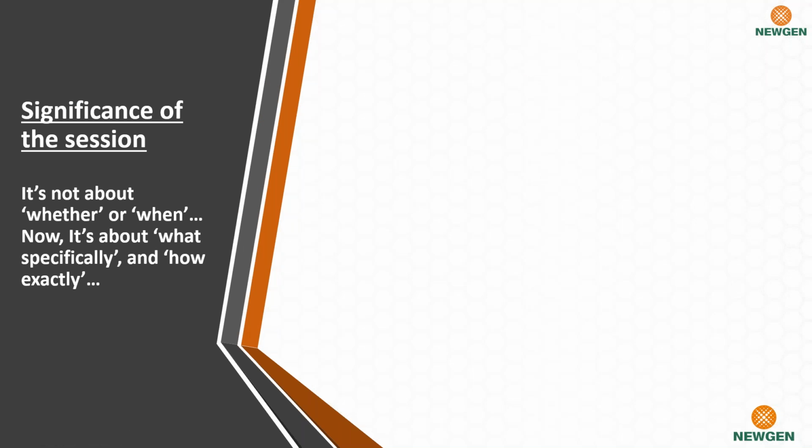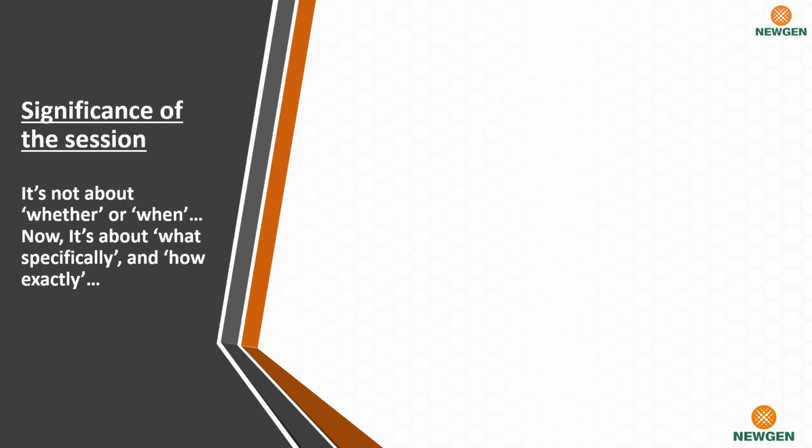Now, why did we want to keep this webinar and why is it important for institutions to understand these factors while considering the commercial lending solution? We would all agree that it's not a question of whether the banks should have the commercial lending solution or when they should have. I think we are beyond that time when all of the processes for commercial lending were manual.